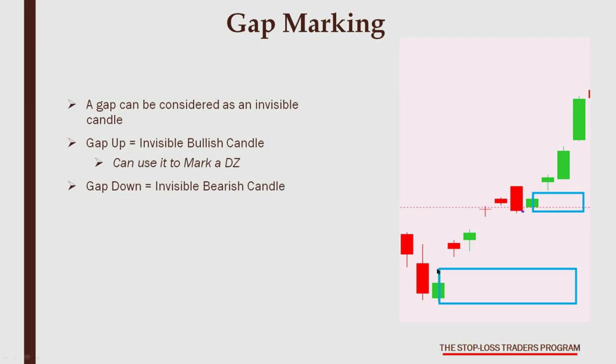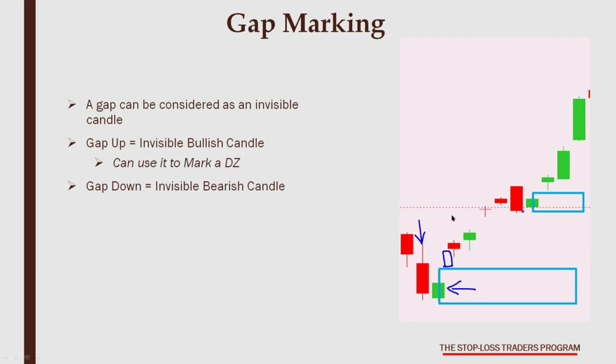Even if the candle is red, wherein the close is below the open, still I'm going to mark it from the open of that candle to the lowest wick of that candle. This is in case of a demand zone. Okay, everyone clear with this? This is body to wick style of marking in case of a demand zone.